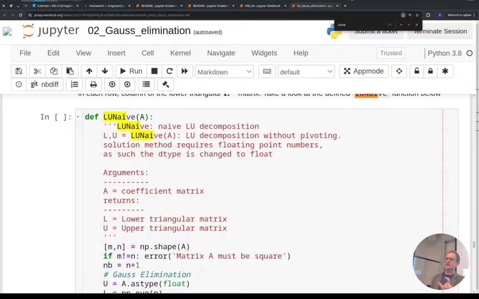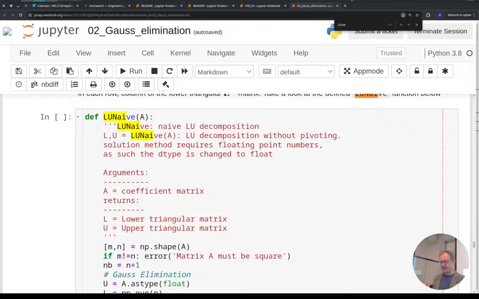So it creates a lower triangular and an upper triangular matrix. If you do this decomposition once, then the next time you solve the problem, it saves some computer time.